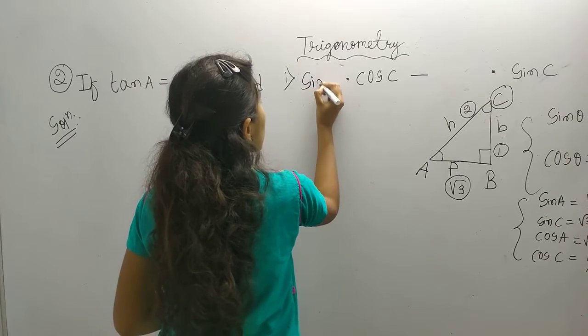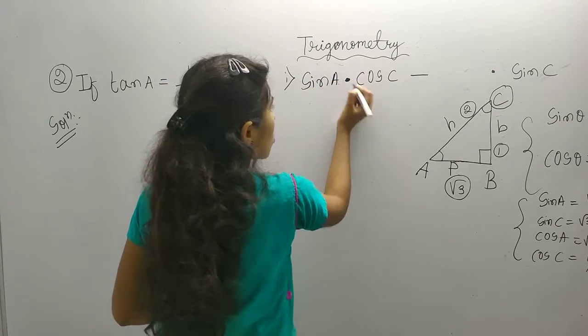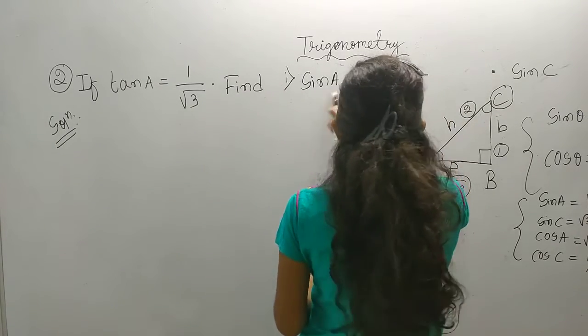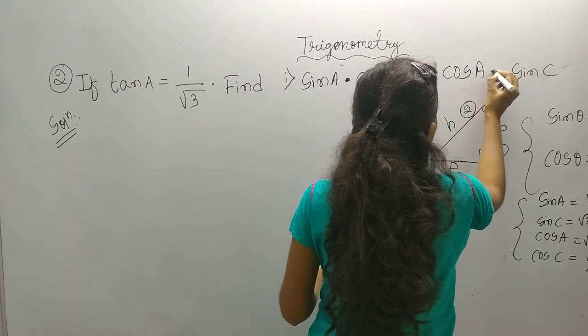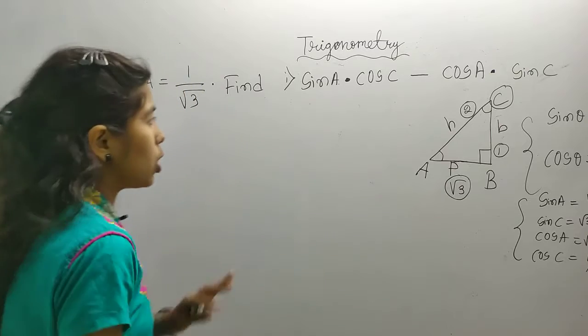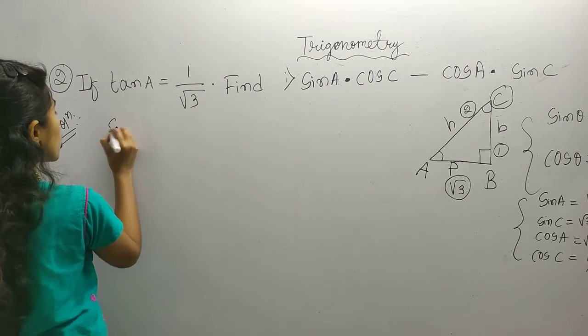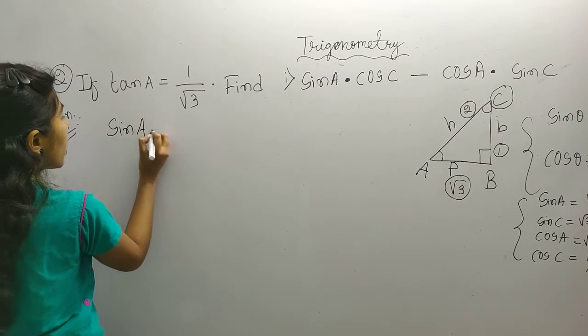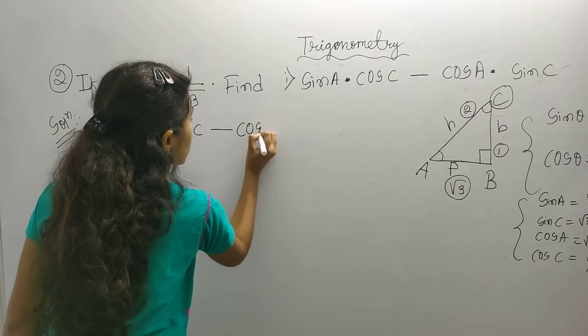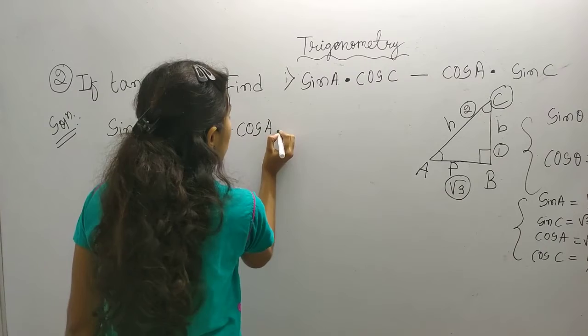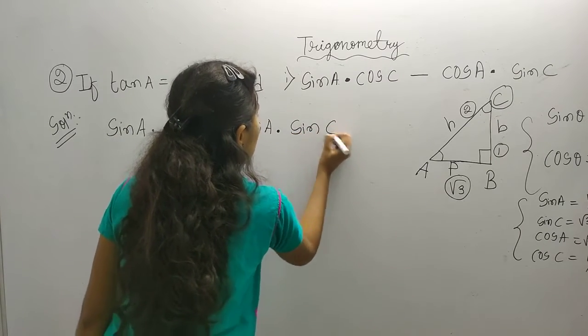Sin A cos C minus cos A sin C I have written, right? So why have I not done this solution? Let's see. First write the question. Sin A into cos C minus cos A into sin C, right?